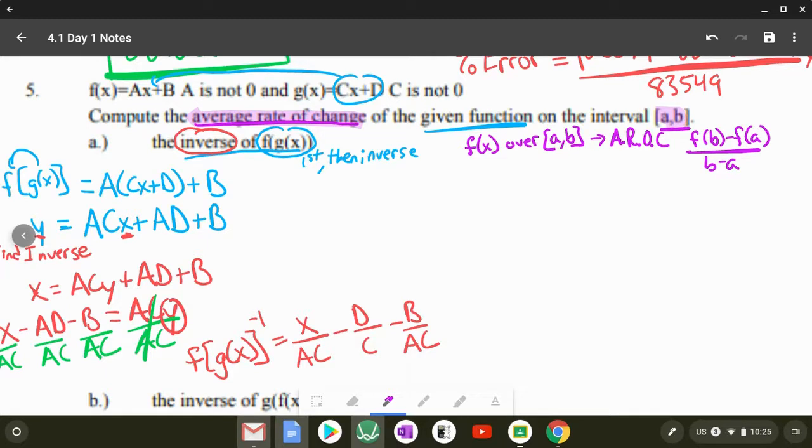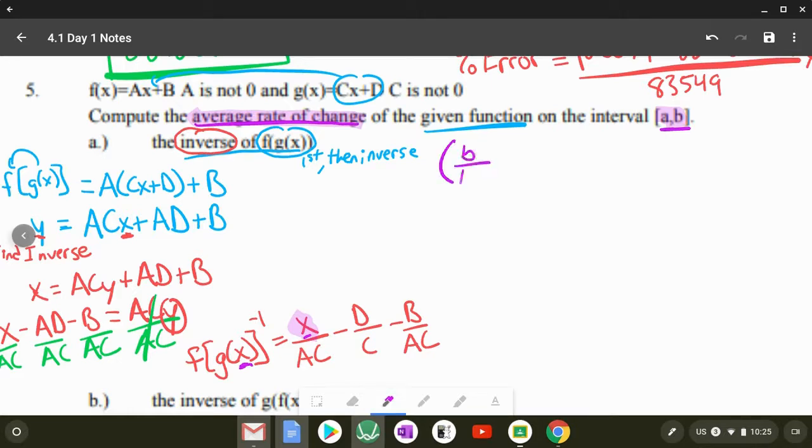So when we go ahead and do that, let's erase this because we don't need it anymore. We're plugging b into this inverse composition for x. Let's use a highlighter again. On top, we have b over ac minus d over c minus uppercase B over ac.